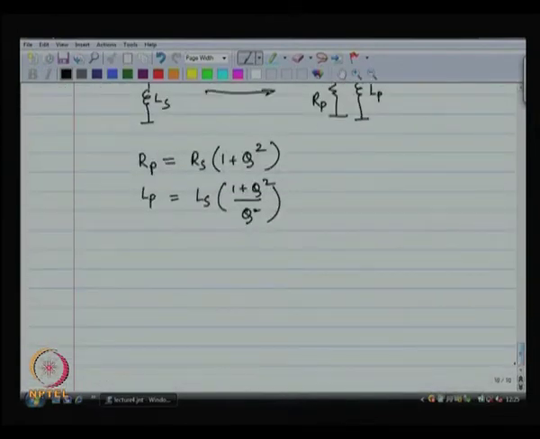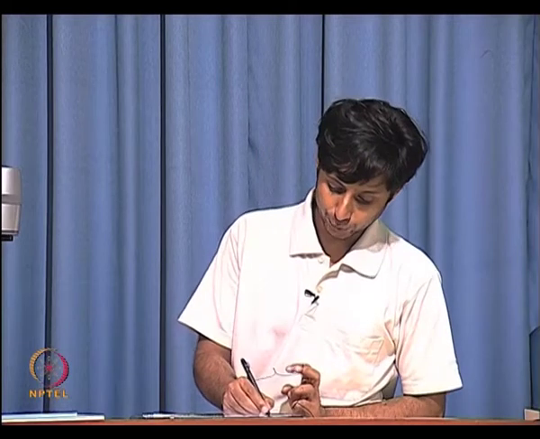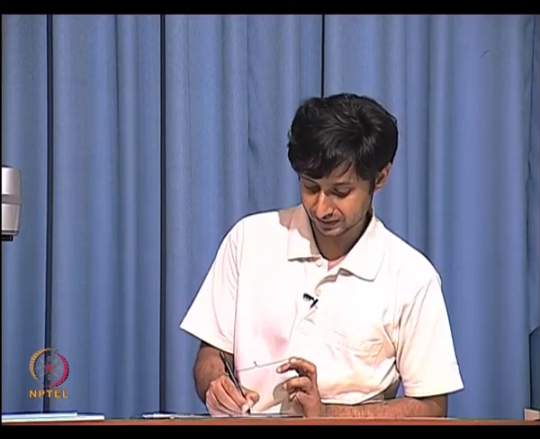Okay. Presumably, if you can do a transformation between series RL and parallel RL networks, then you should also be able to do a transformation between series RC and parallel RC networks.